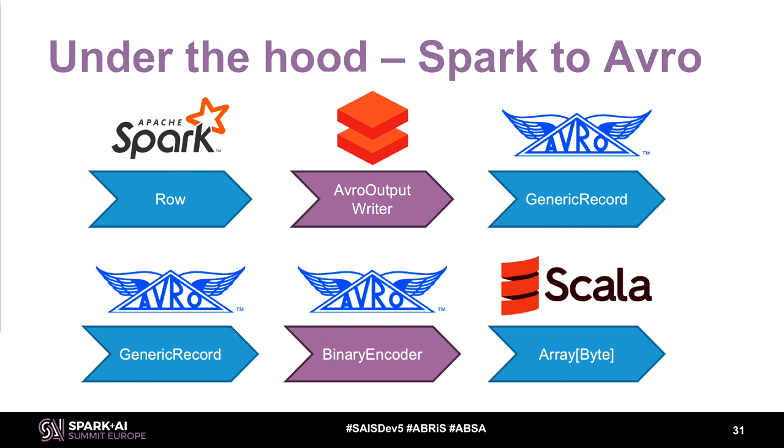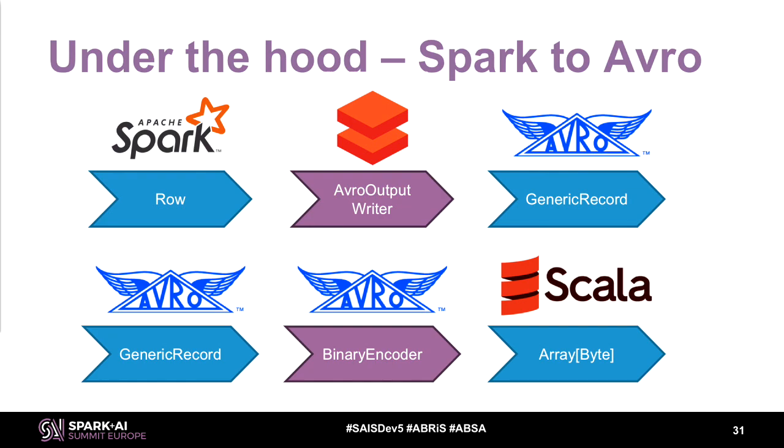Okay, so of course, the row belongs to Spark. We went to the Databricks library, and we reused that class called Avro Output Writer that converts the row into this generic record. Generic record is the basic abstraction for an Avro record. It's key value based and contains the Avro data.